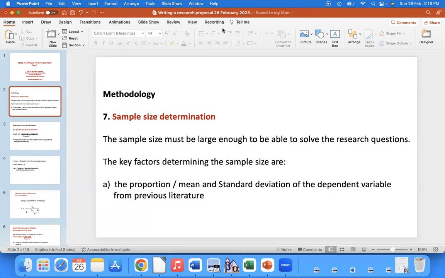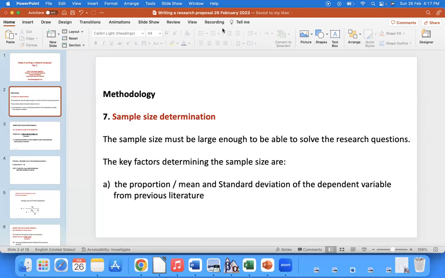That means we are making a false claim about the independent variable. Beta error is the acceptance of the null hypothesis when it should be rejected. The null hypothesis is false, but it is accepted, right? So that is beta error.